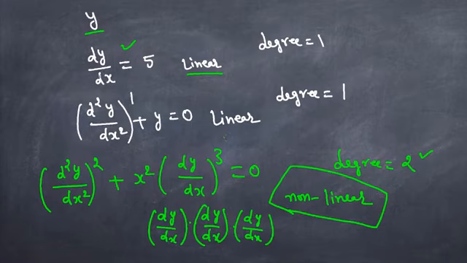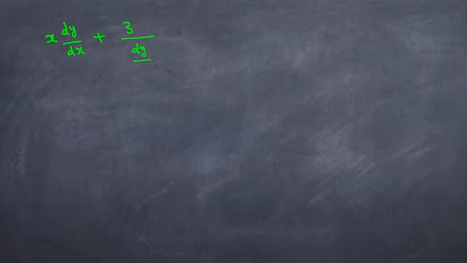Okay, so let me write down one more example and then we will be done. So for example, if I got x dy over dx plus 3 divided by dy over dx is equal to y square. So they said find the order, degree, and tell if it's a linear or a non-linear differential equation. So first of all, I will try to simplify it.